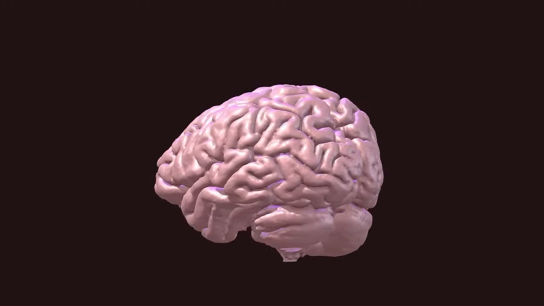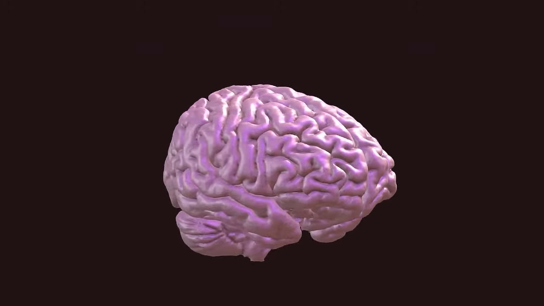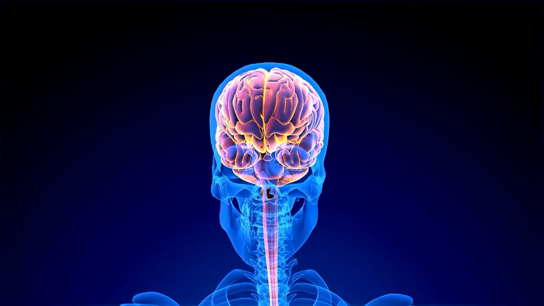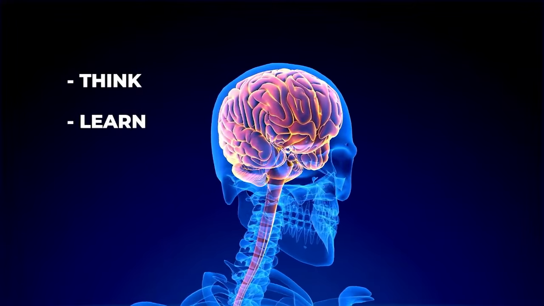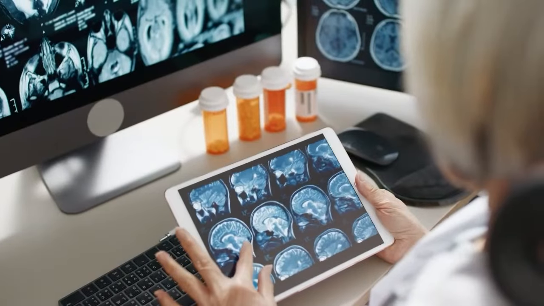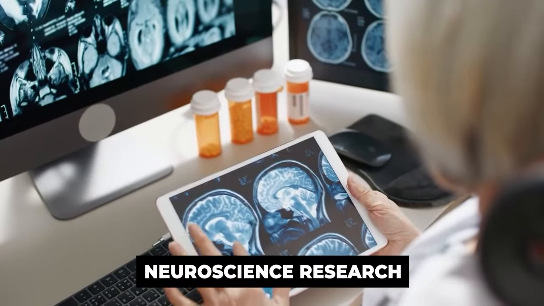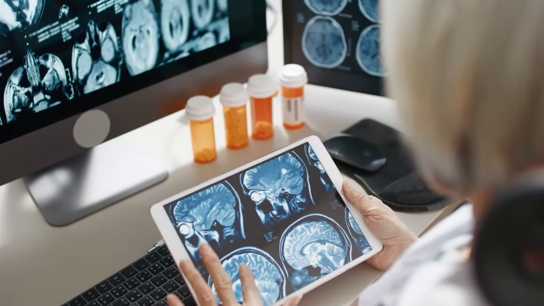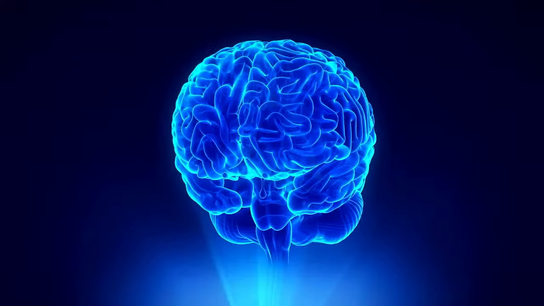The cerebrum, with its intricate structures and networks, is central to human consciousness, enabling us to think, learn, create, and experience emotions. It remains a focal point in neuroscience research as we strive to unravel the mysteries of human cognition and behavior.